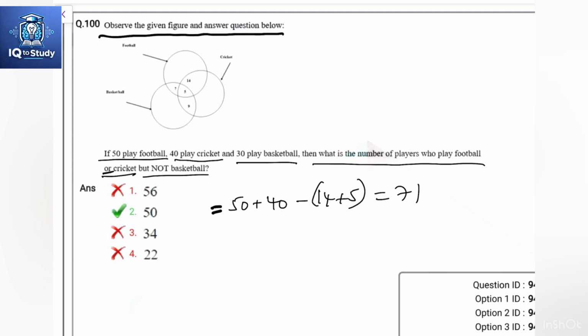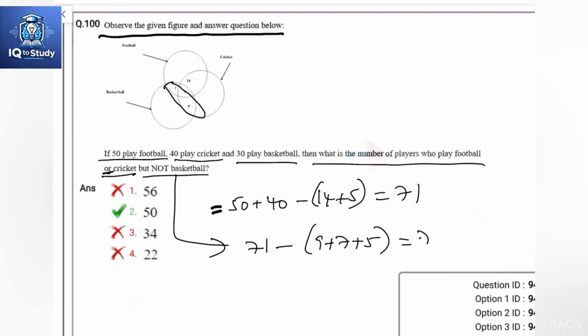Here they have given the condition or, so we have subtracted this 4 plus 5. And now the number of players who play football or cricket but not basketball is equal to 71 minus (9 plus 7 plus 5), which is equal to 71 minus 21, that is equal to 50. So option 2, 50 is correct.